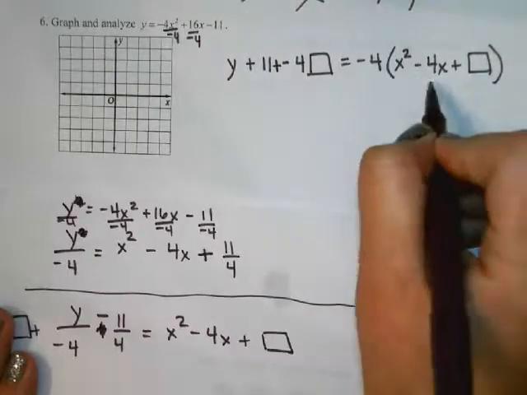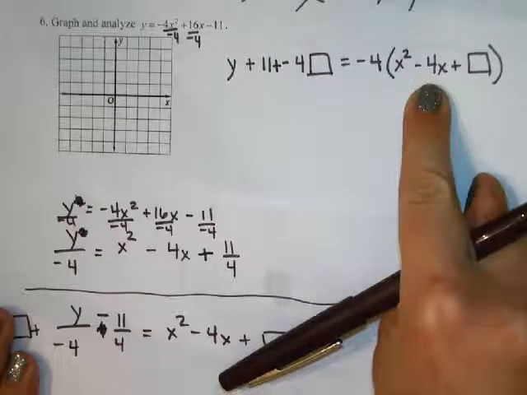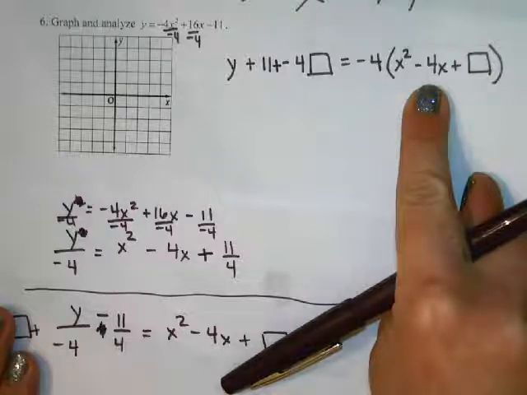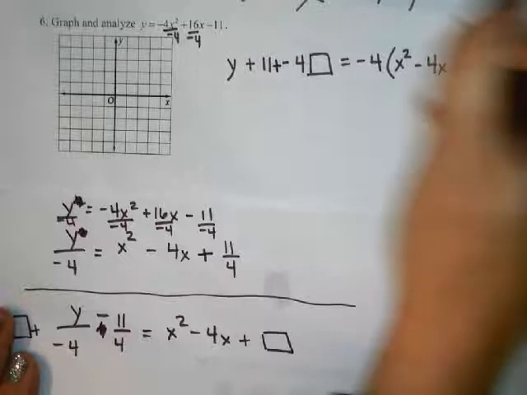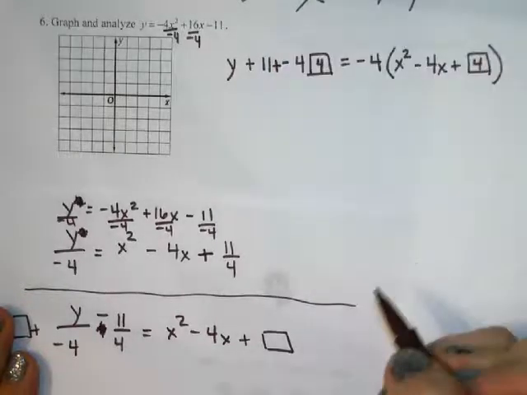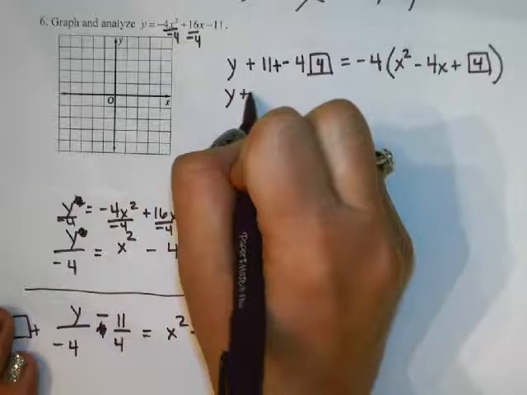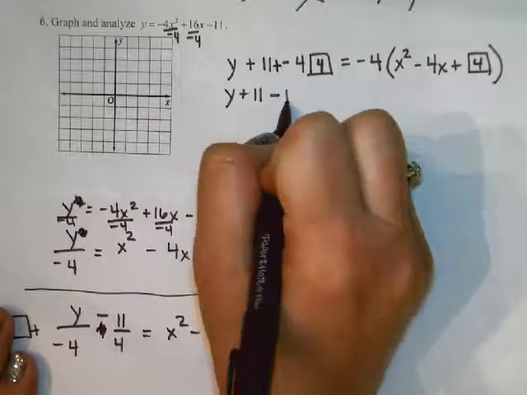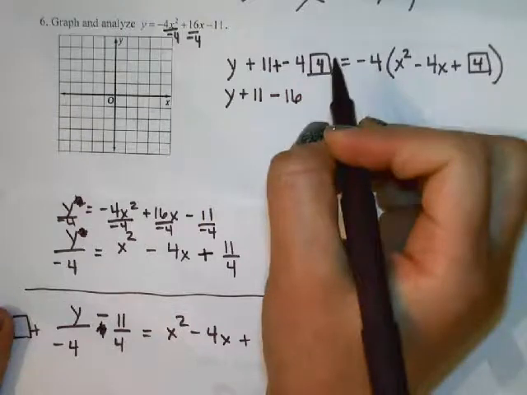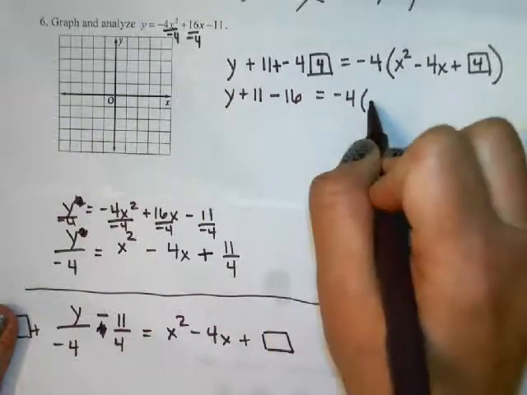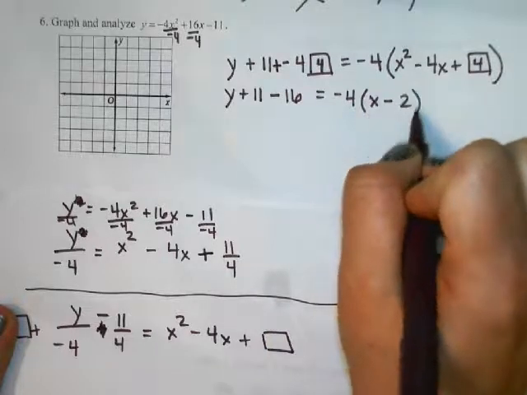Okay, so I'm using my newbie here. 4 divided by 2, and then square it. 4. Awesome. So I'm going to put a 4 in my box. So I have y plus 11 minus 16 equals -4 times x minus 2 squared.